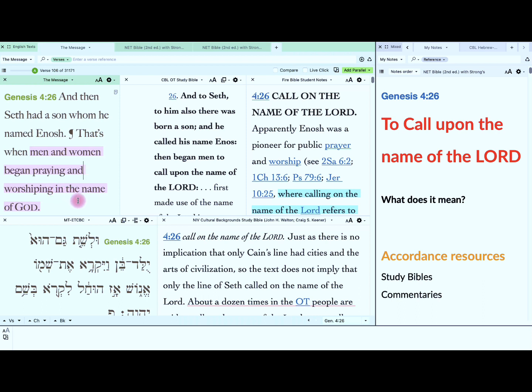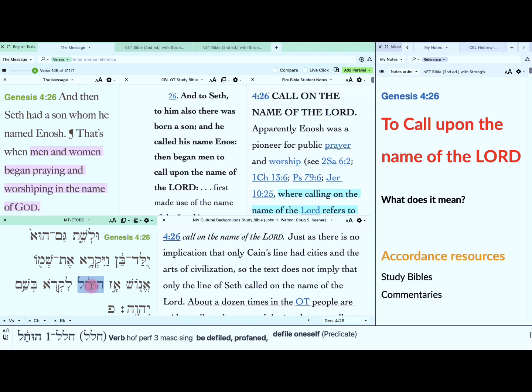Okay, so the most important word in the Hebrew, I might not get to read all the text, all the verse, but is this word, huhal, which has, according to the grammars and the lexicons, two meanings. One meaning probably means be defiled, profaned, and another meaning is beginning from scratch.